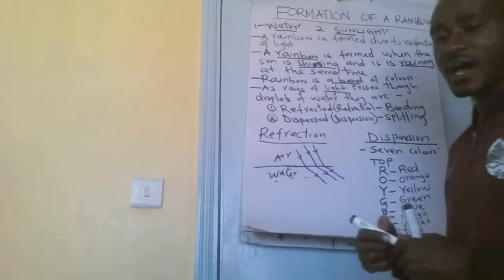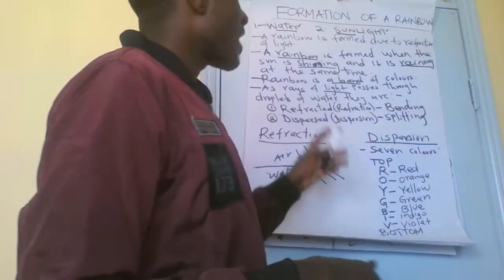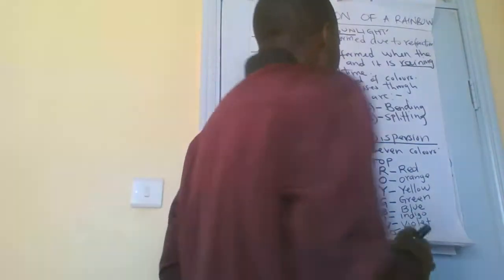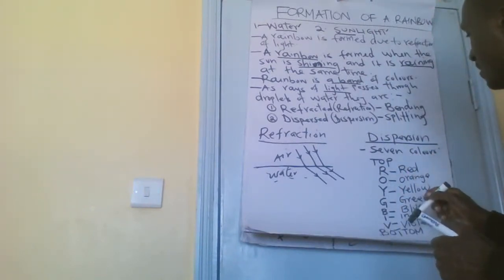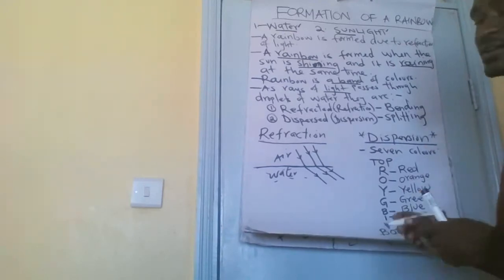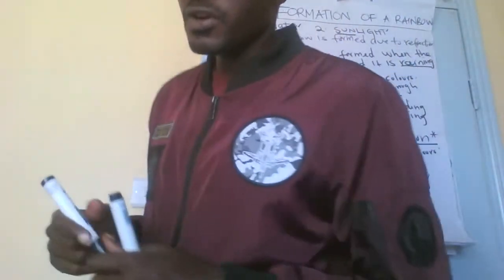So these are the 7 colors of the rainbow, and this is how a rainbow is formed. So we are going to dwell on the dispersion of light. What is dispersion of light?